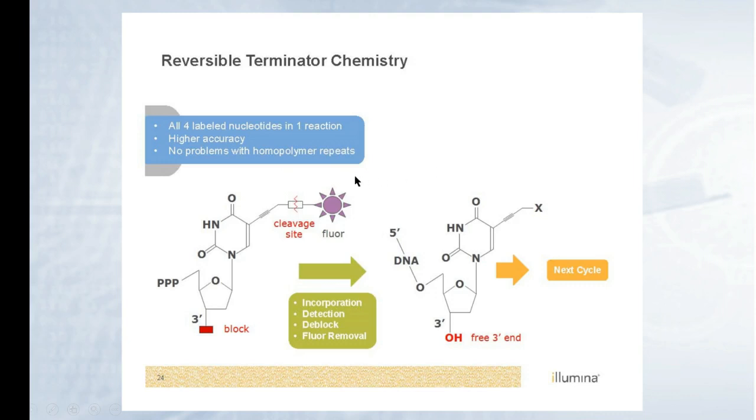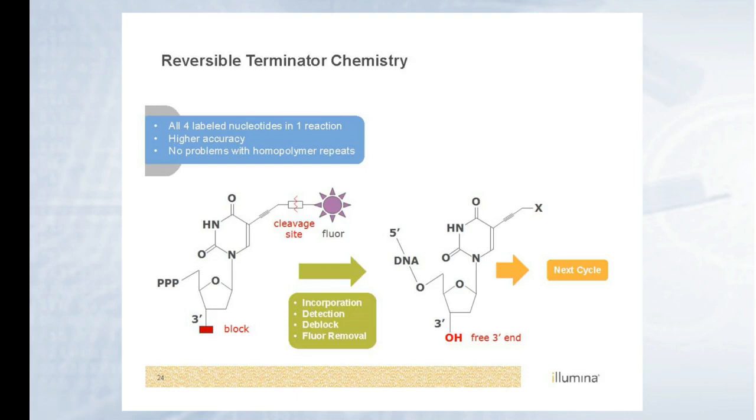First of all, they have a unique fluor, so we can tell by color the difference between a G, an A, a T, and a C. The other very important thing is that they are blocked on the 3' end. If you remember from your knowledge of DNA synthesis, new nucleotides are added to this 3' OH down here on the base. Because this is blocked, you can only add a single nucleotide at a time to each one of the fragments.